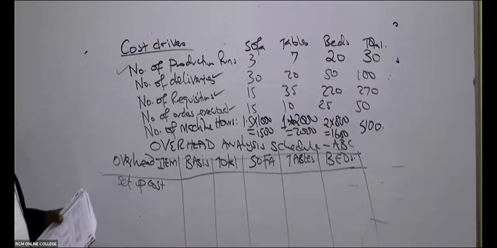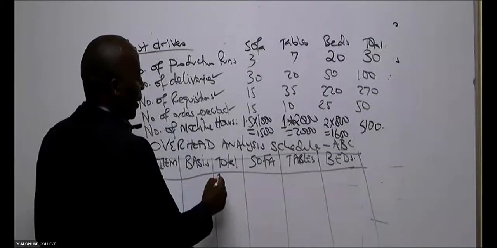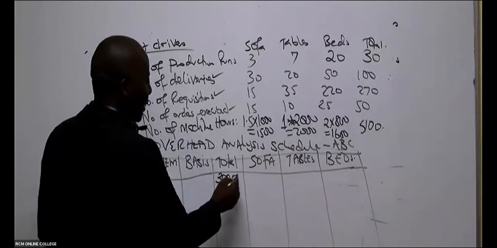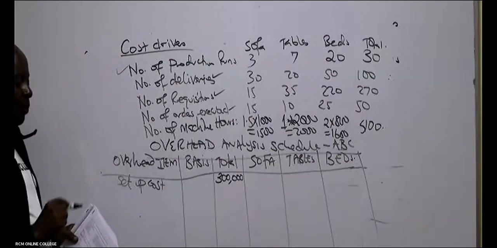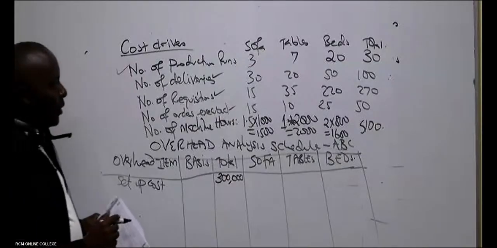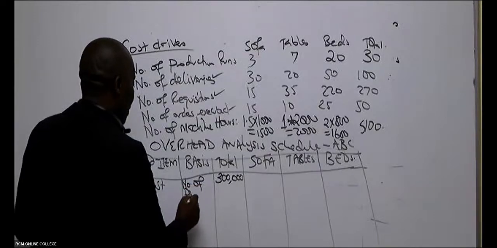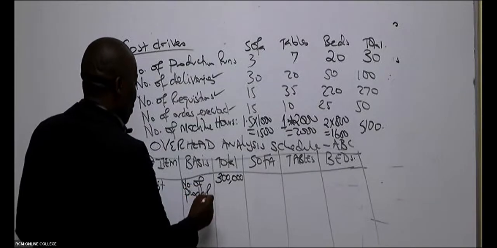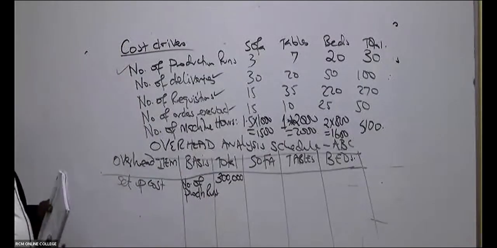So the setup cost, ladies and gentlemen, you can see the total is how much here? 300,000, isn't it? What is the basis of apportioning this? Number of production runs.